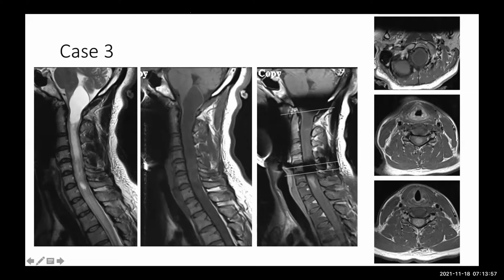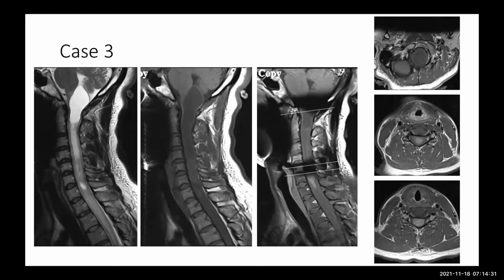Yes, so we see multiple series of MRIs here on these sagittal cuts and the axial cuts. You see on the T2, there's an intradural lesion extending from C2 up to C7.